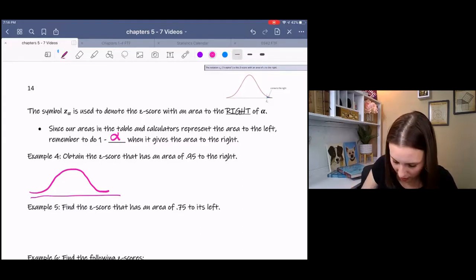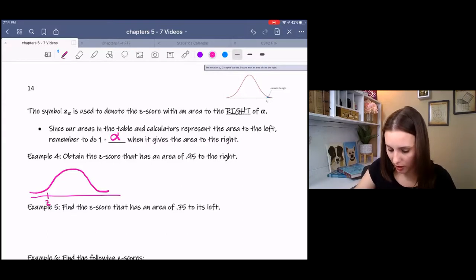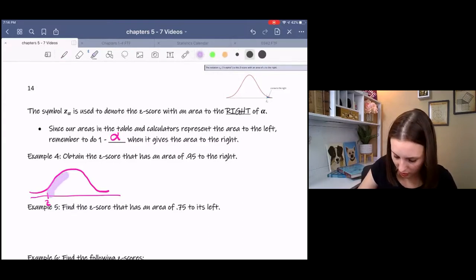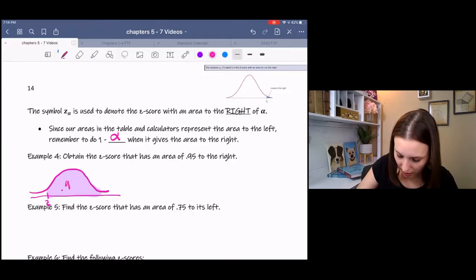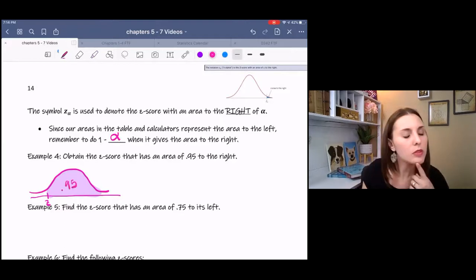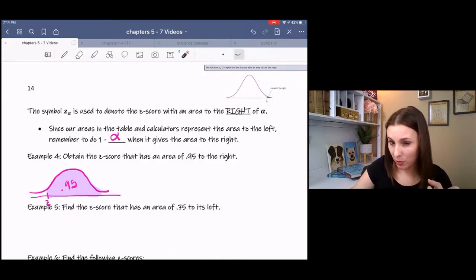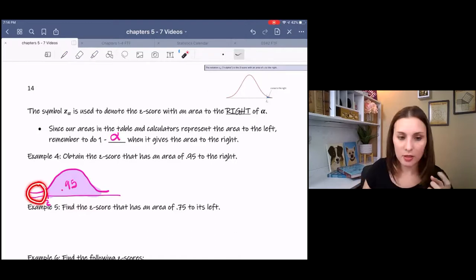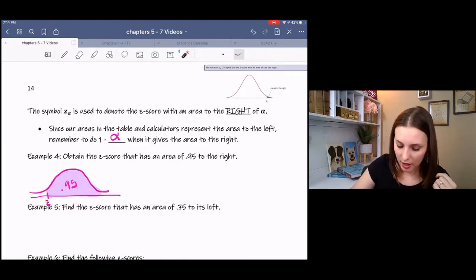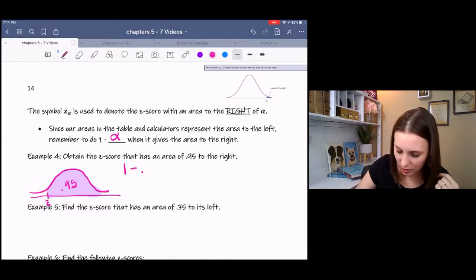So we're finding the z-value that represents this area of 0.95, which means if we're going to be using our tables, I need this, and that is 0.05.